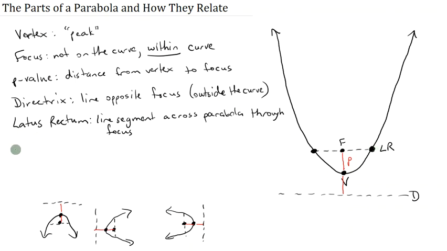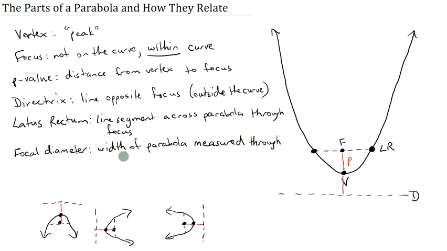Last but not least, we have what's called the focal diameter. It's focal because it's measured through the focus, and diameter because it's like a width. So it's like the width of the parabola, and it's measured through the focus. So just like the latus rectum.